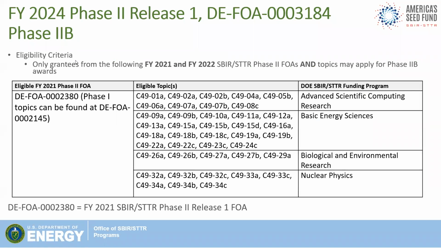Okay, for 2B, grantees from fiscal year 21 and fiscal year 22 phase 2 funding opportunities, for this would be release 1, and topics may apply for phase 2 awards. So this is for the fiscal year 2021 phase 2 FOA listing of eligible topics.